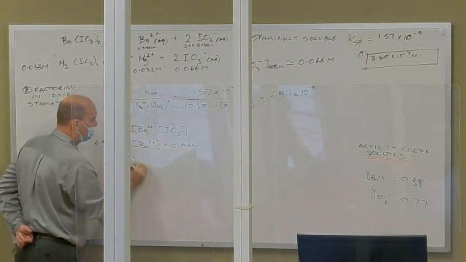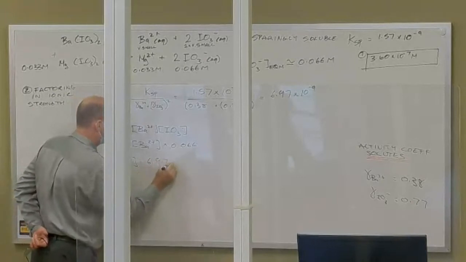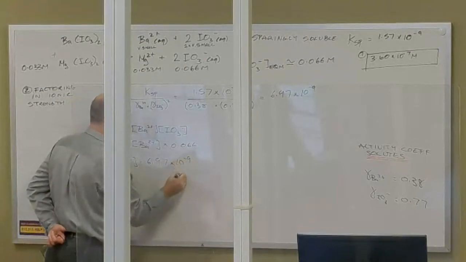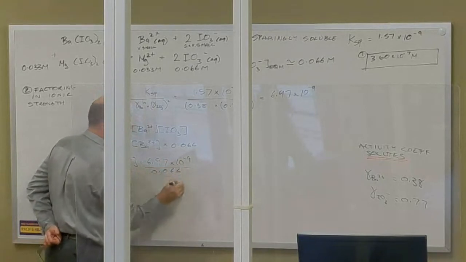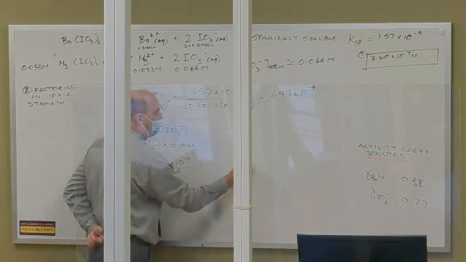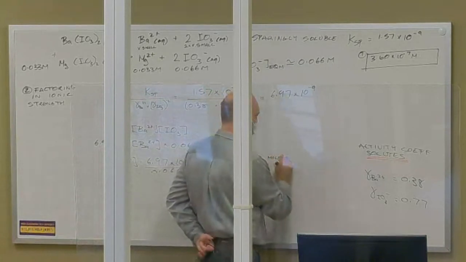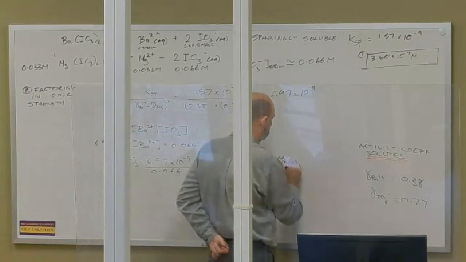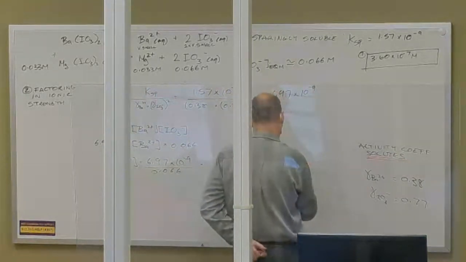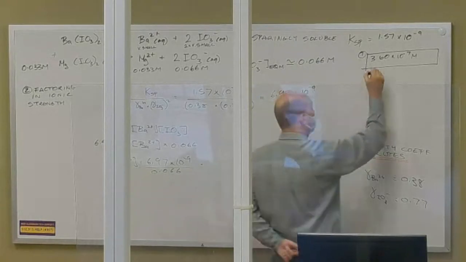So my barium concentration is 6.97 times 10 to the negative 9 divided by 0.66, which is equal some number. And it gets to be my molar solubility when I take into account activity.